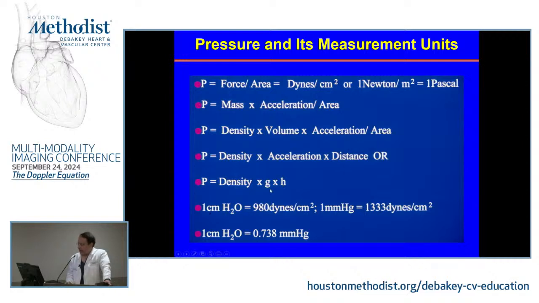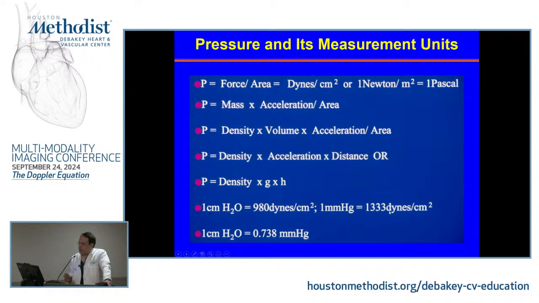And we have g either in meters per second squared or centimeters per second squared, and then the density of water is 1. So you see that 1 centimeter of water exerts 980 dynes per centimeter squared. Mercury, which has a higher density, exerts much more pressure per millimeter.